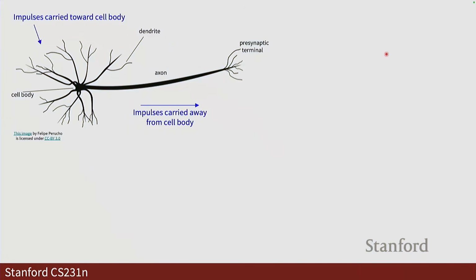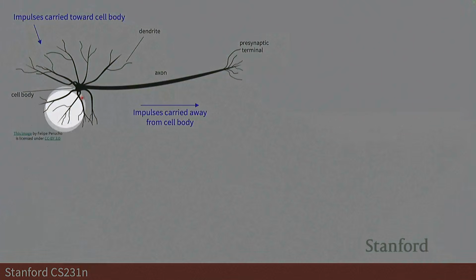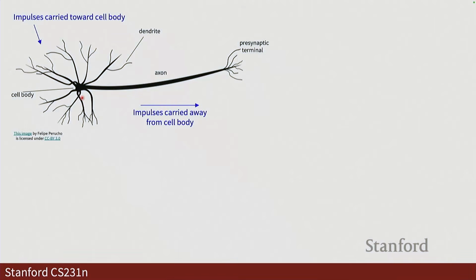But generally what happens in neurons, and this is a visualization of a neuron, it does have a cell body that often aggregates the impulses carried through dendrites to the cell body itself, and then using axons, those impulses are carried away to other neurons.